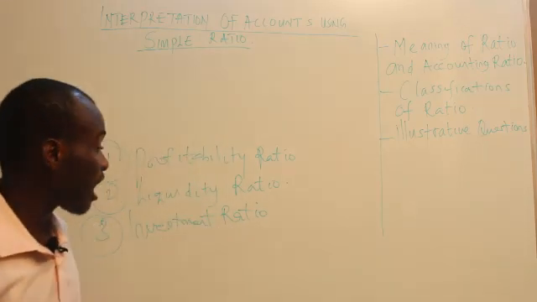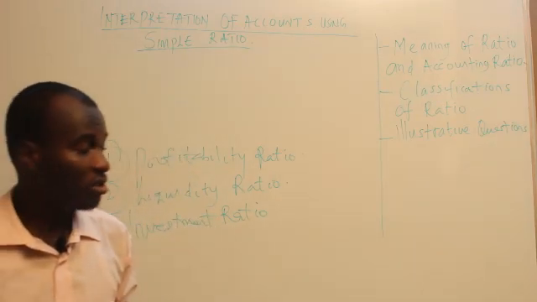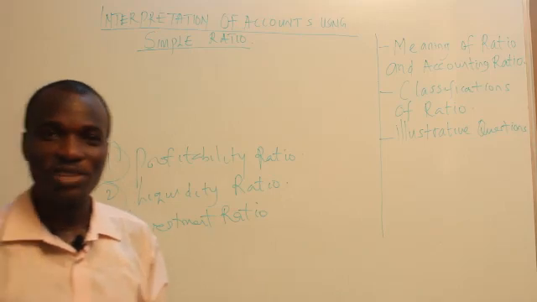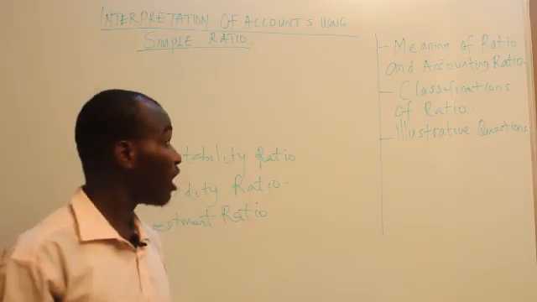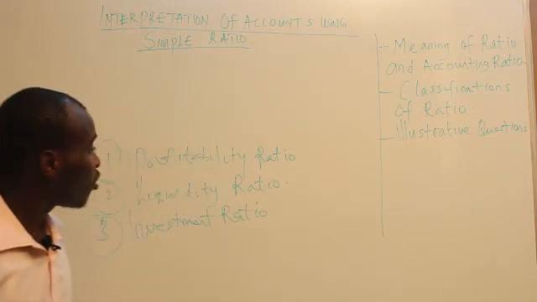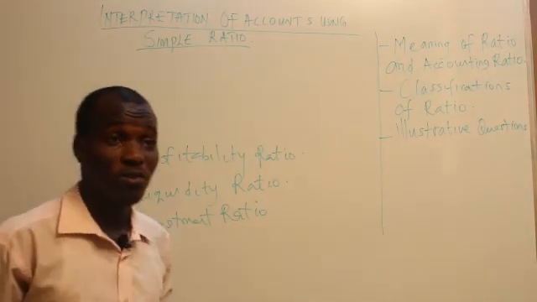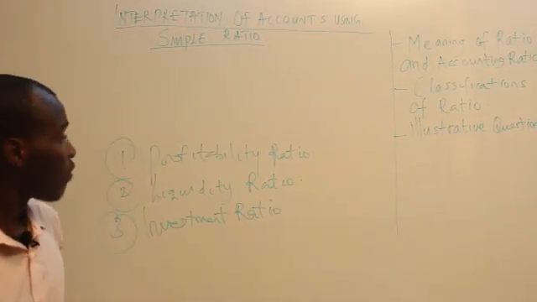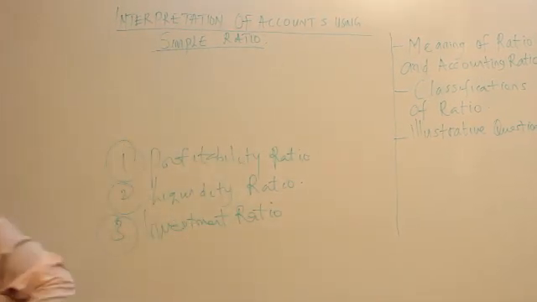This is usually used by the outsider, that is the potential investor in the organization. Is this business okay or not? Can we invest in such a business or not? So that is what the investment ratio is all about. We will be looking at different type of ratios that fall under this classification. First thing, we are going to take the profitability ratio.